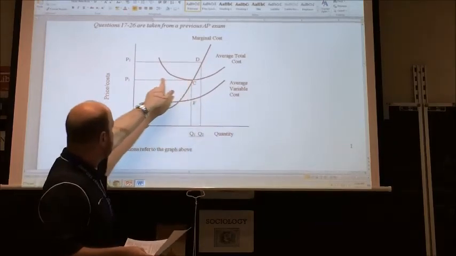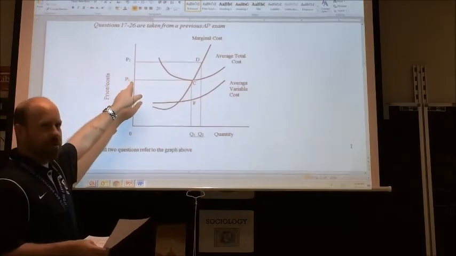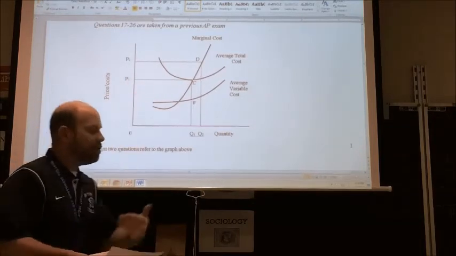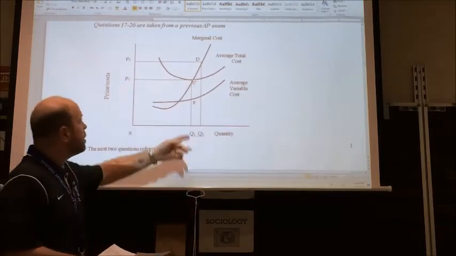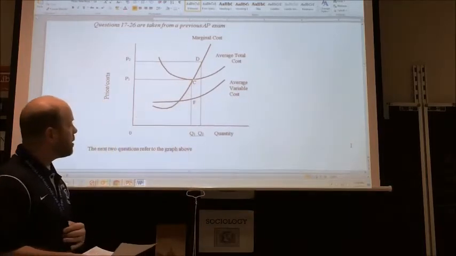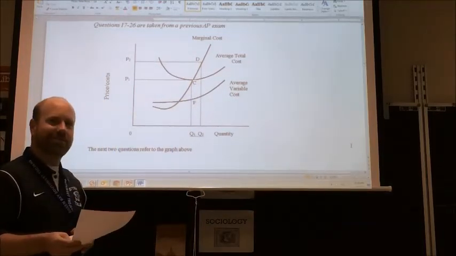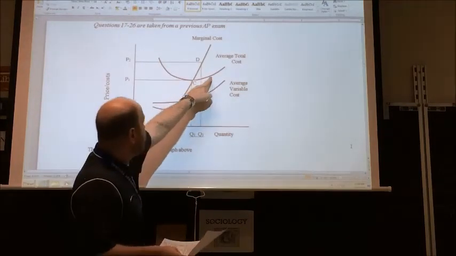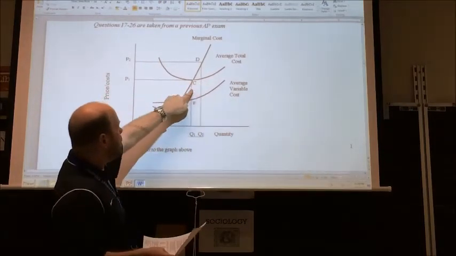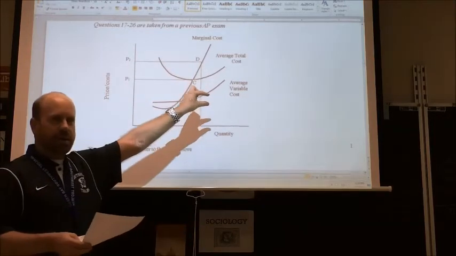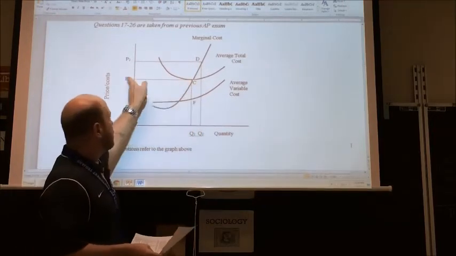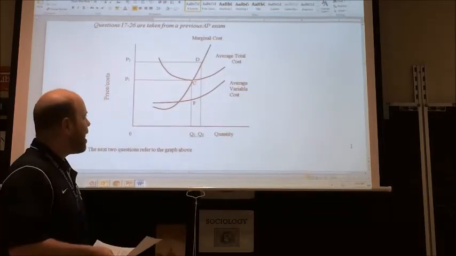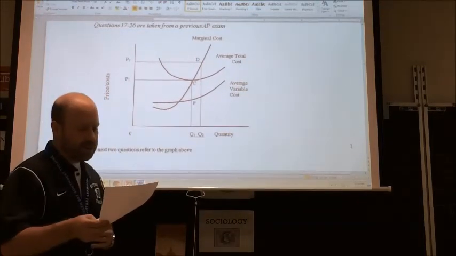There's no distance between the price, which is the marginal revenue, because the price is whatever revenue you get for selling that next unit, and then the average total cost is exactly there, and that is correct. Very good. Had this ATC curve been any lower, there would have been a distance between this curve and this value on the graph, and there would be economic profit, but there isn't.